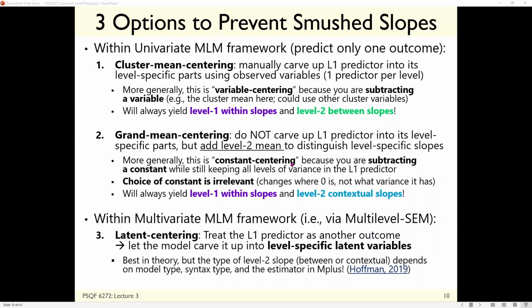Once we add level 1 predictors with random slopes, then you're also conditioning the random intercept to be at 0. So if you pick a constant that's really far away from the data, you can screw things up. But generally something in the middle is fine, or if 0 already means something, like if your predictor is the number of times you were late to class, some people are never late, they're a 0, right? That'd be fine. It's just an interpretational thing.